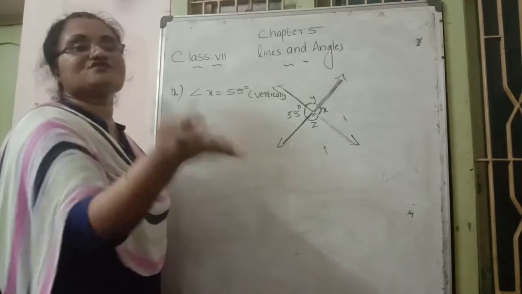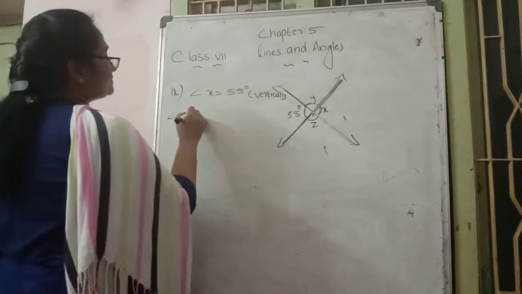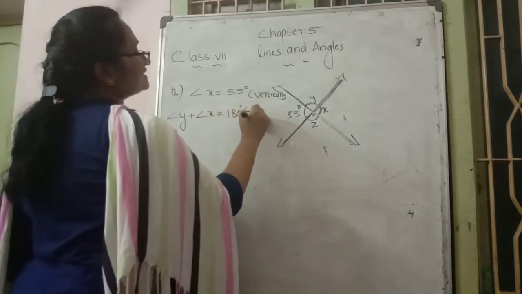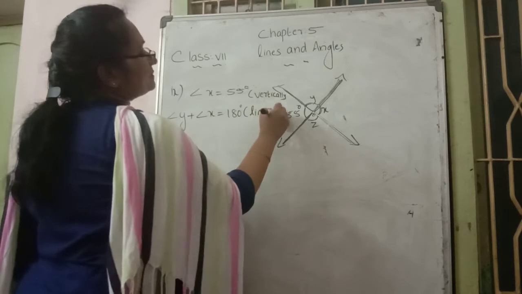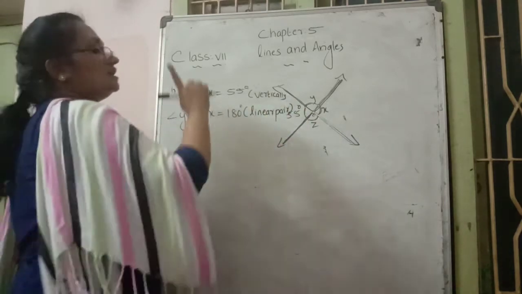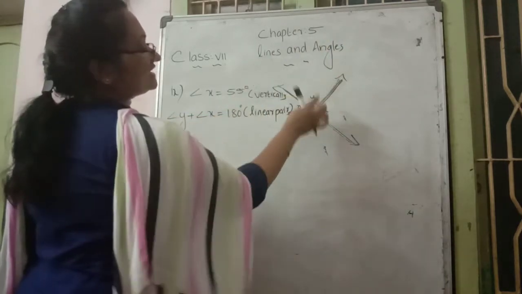You can choose any one first. So you can write angle y plus angle x is equal to 180 degrees. The reason: they make a linear pair. Linear pair means it has two non-common arms and one common arm. The non-common arms are in opposite directions. In that way the diagram is given.